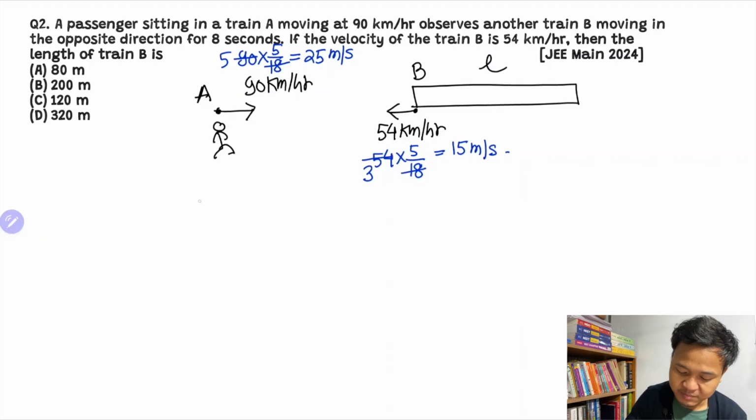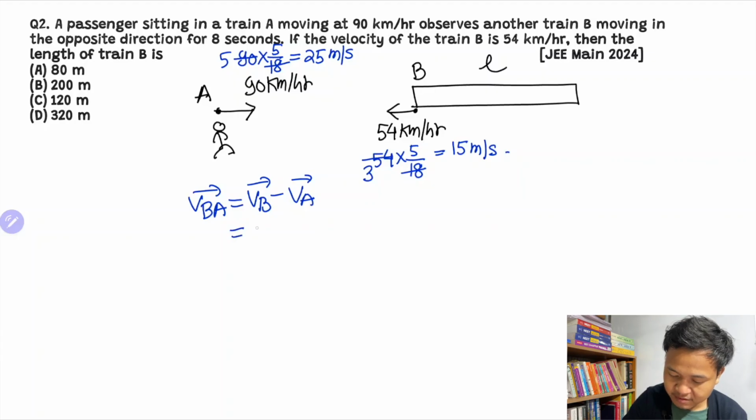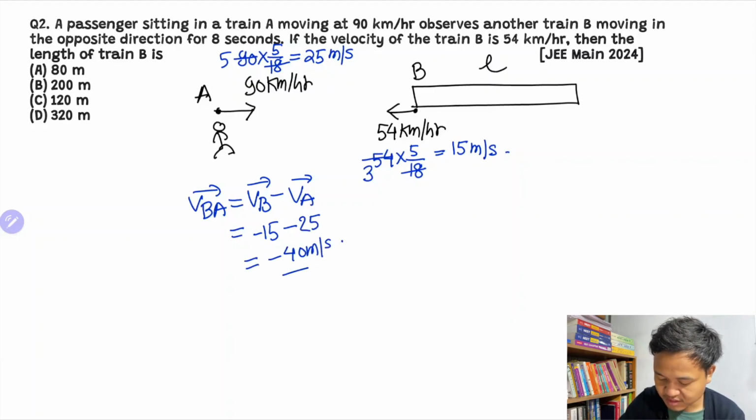Imagine yourself as the person. What is the velocity of train B with respect to person A? Velocity of B minus velocity of A, which is minus 15 minus 25, so minus 40 meter per second. A will see that B is coming towards him with 40 meter per second.